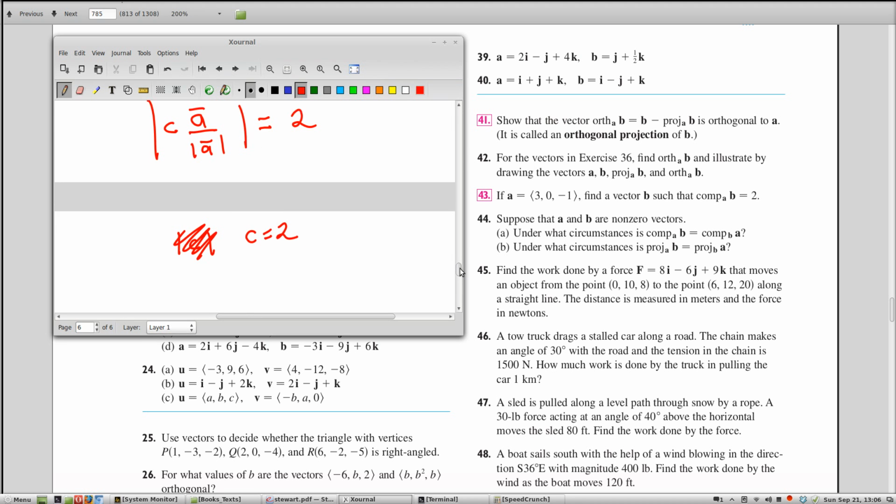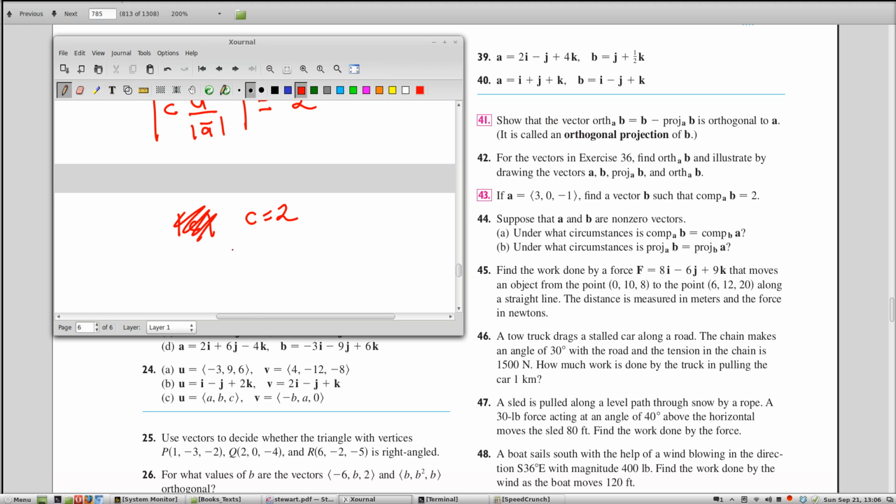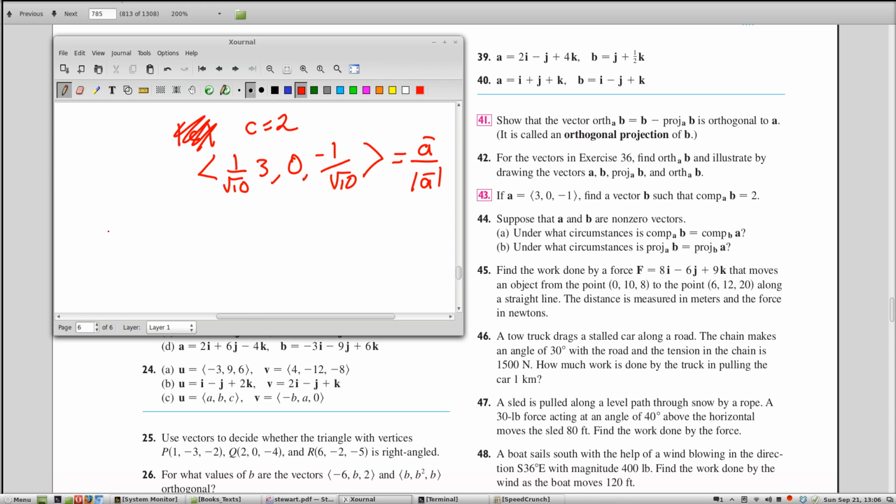And now we just need to take the normalization of A, which is 1 over the square root of 10 times 3, 0, negative 1. This is just the normalization of A. And the final answer is just going to be 2 times that. So the solution is you could take B to be 6 over the square root of 10, 0, negative 2 over square root of 10.